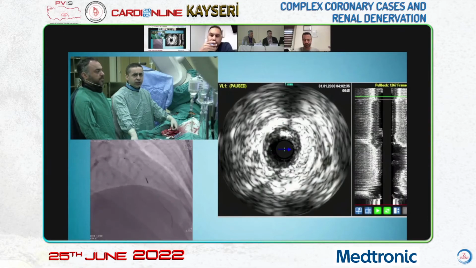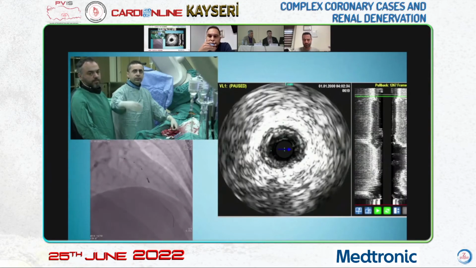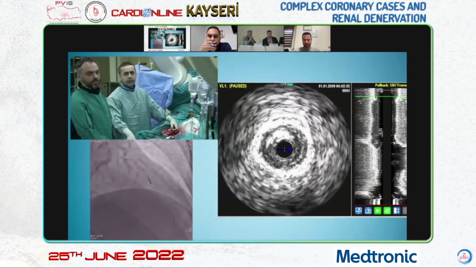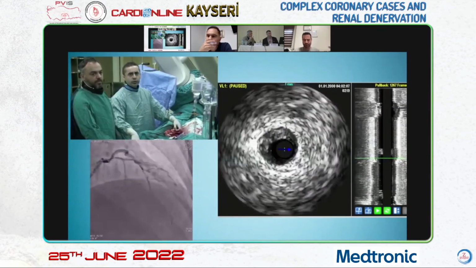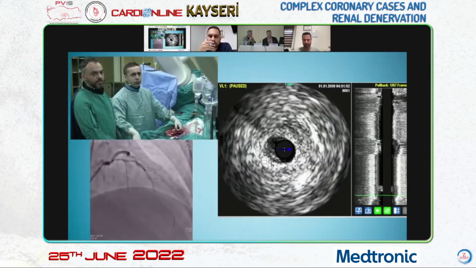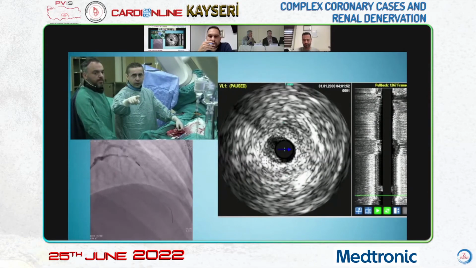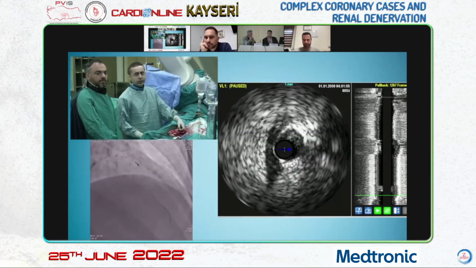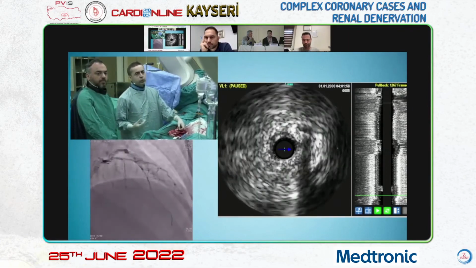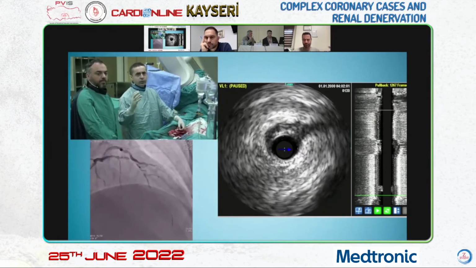From the distal, as you can see, the vessel looks thin. It's not like a load, so there's a spasm to an extent.